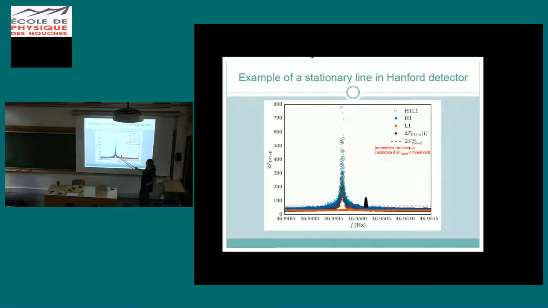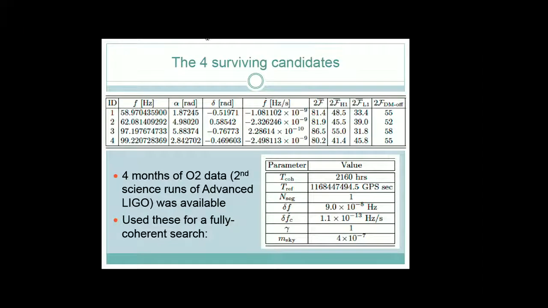So if we rerun the search just for this parameter space point, with the Doppler modulation turned off, we see that the significance increases dramatically. And so we managed to develop a veto based on this idea: if, when you turn the Doppler modulation off, the significance increases, this is likely to be a disturbance.